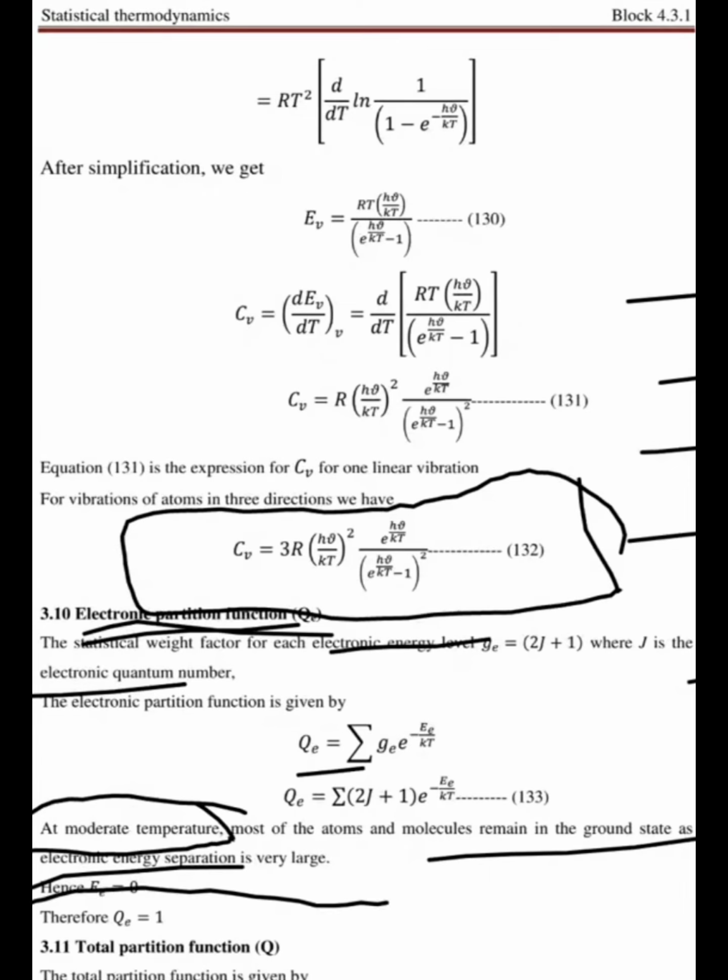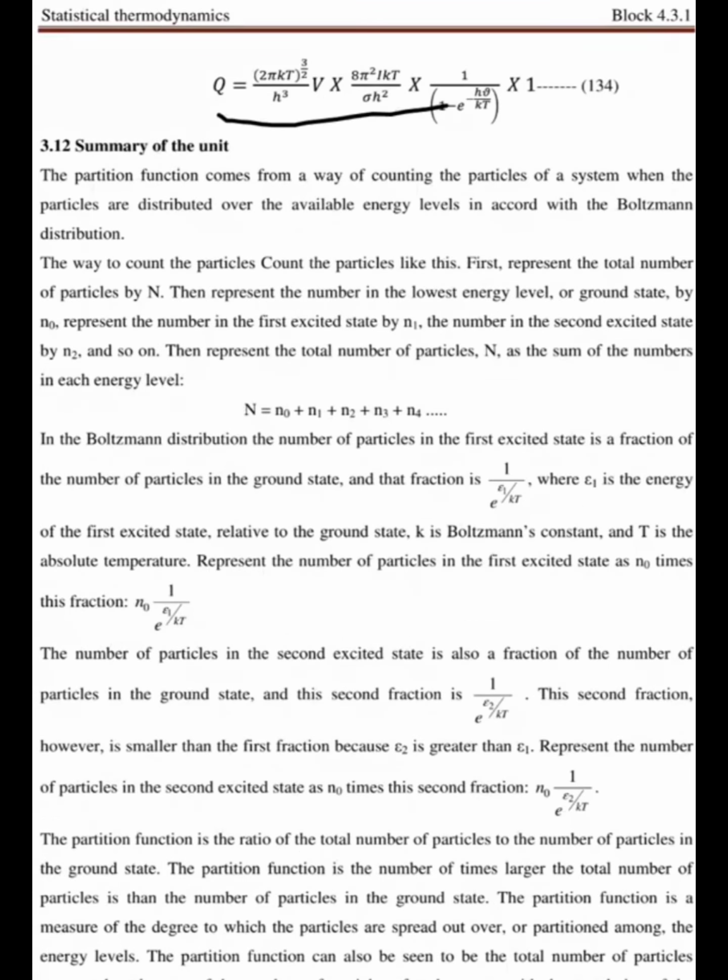And next is the total partition function. Again, the ratio of total number of particles to the number of particles in the ground state. So the partition function here is nothing but the ratio of the total number of particles to the number of particles present in the ground state.